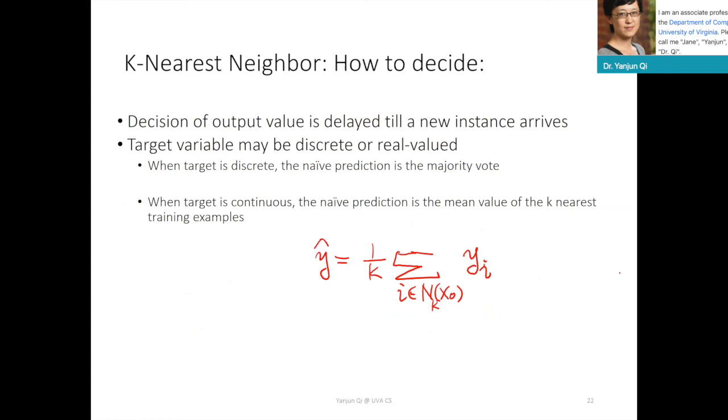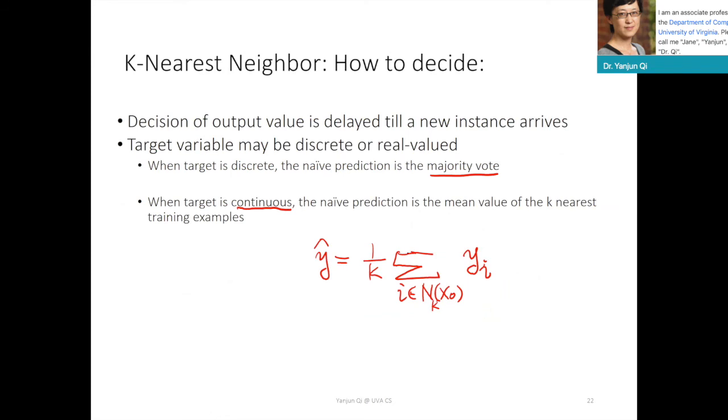So I already talked about how you can do majority vote if it's discrete. You can also do this probability type of prediction. When your target is continuous, it's actually much simpler, which is exactly the first example we made. You just do a summation over your neighbors.